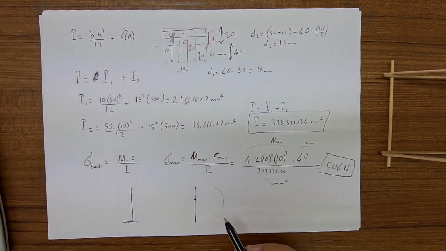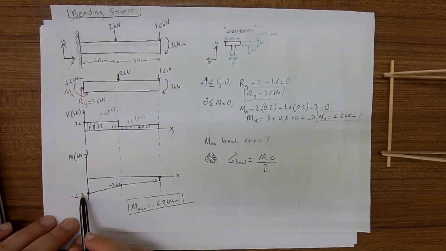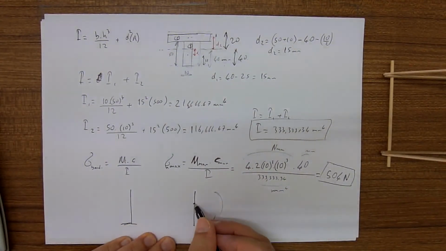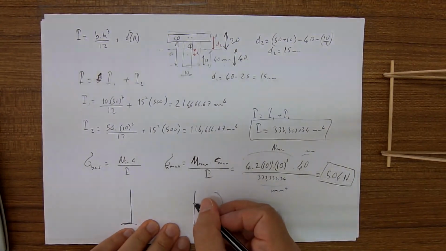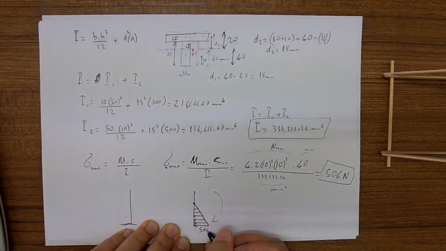We know from this moment diagram there is a negative moment, and it means the direction of the moment is like this, therefore there is a compression at the bottom. And the maximum is 504 newtons.